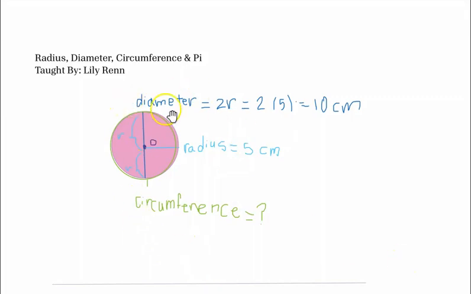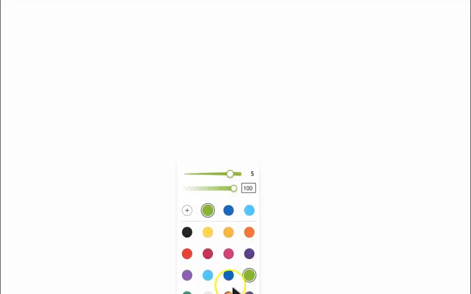So now that we know these three main parts, we are going to head down to here. Now we're going to talk about something really cool, which is the number pi. No matter the size of the circle, if you divide the circumference by the diameter, you're always going to get the same number.